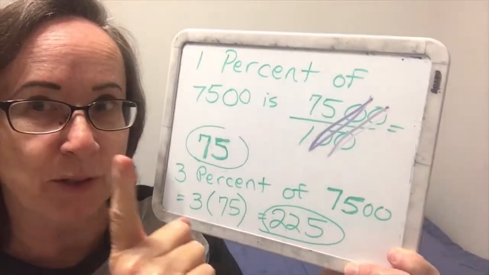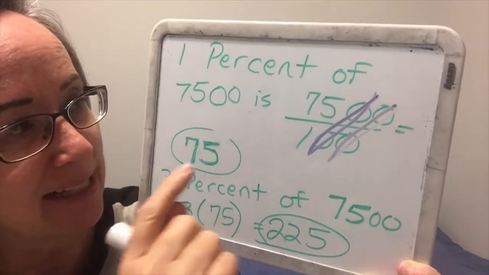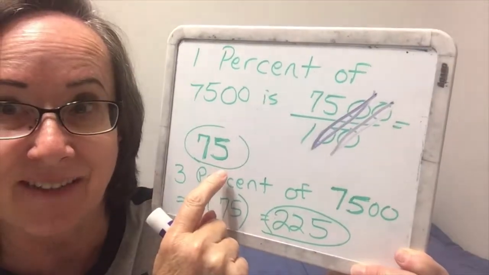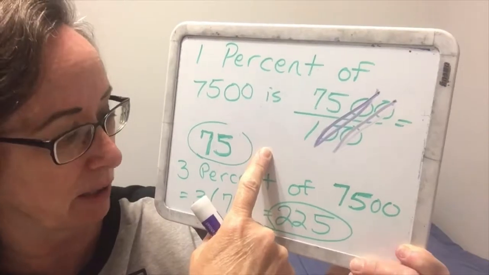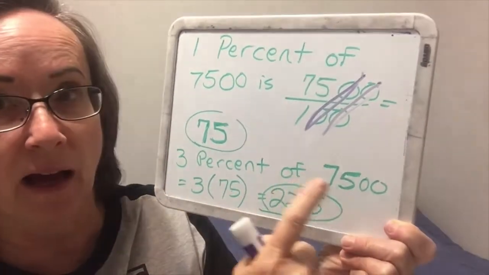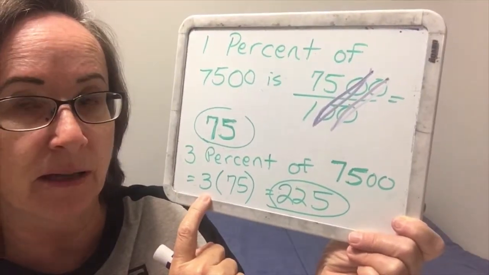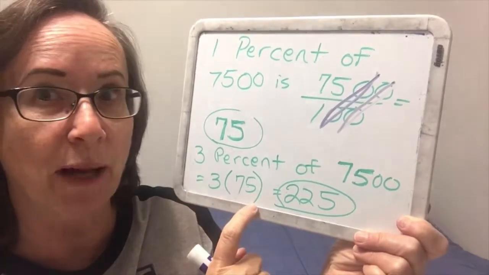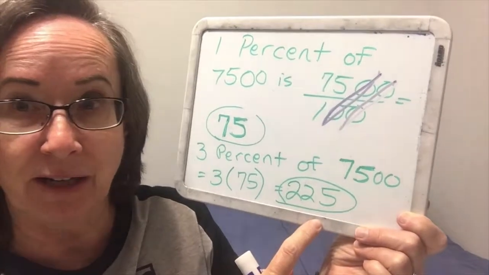So 1% of 7,500 is 75. If we know what 1% is equal to, then 3% of 7,500 is going to be 3 times whatever we got for the 1%. So 3 times 75 will be 225.